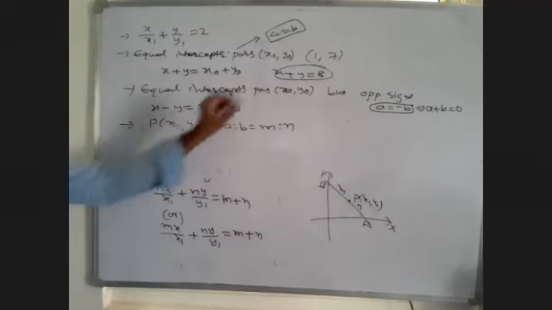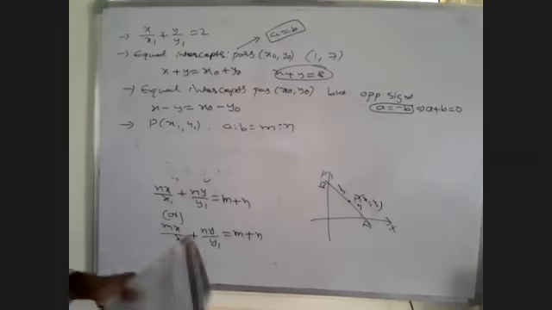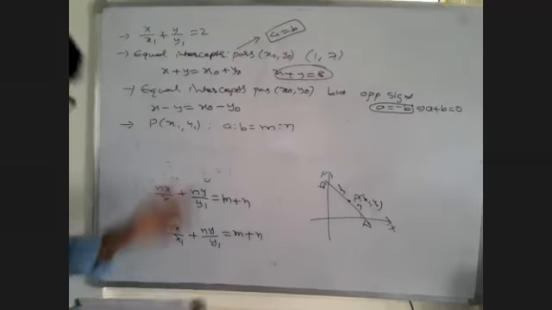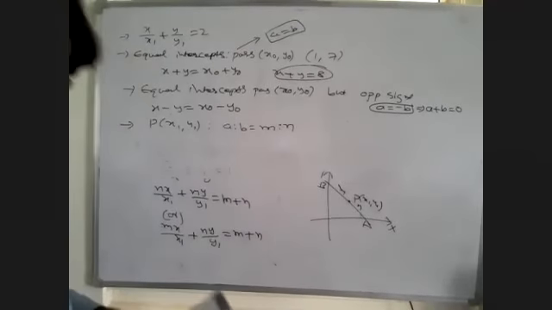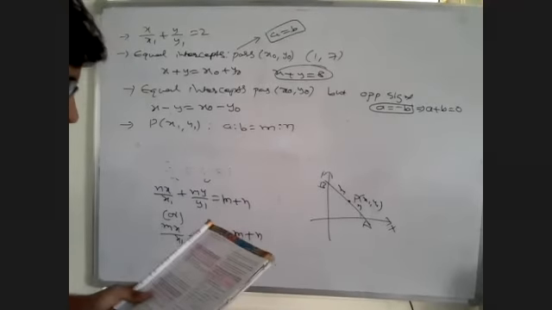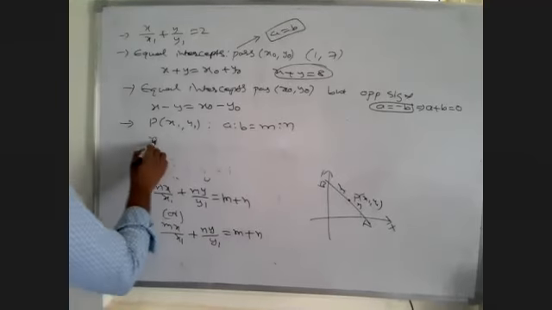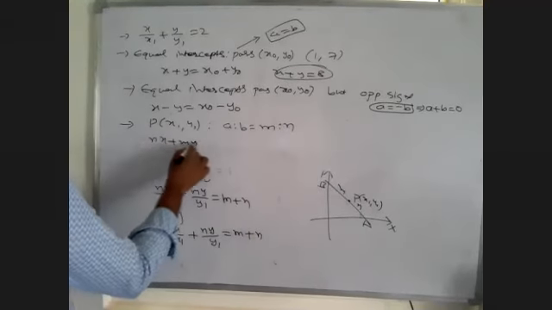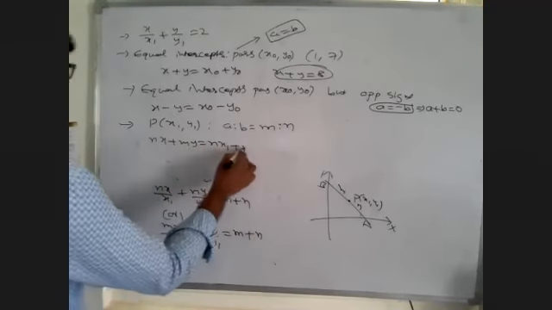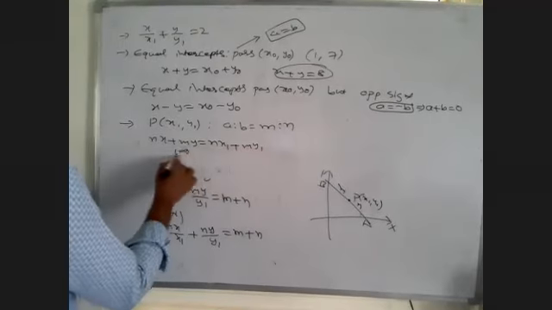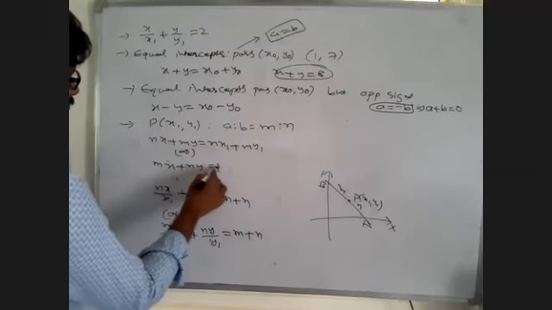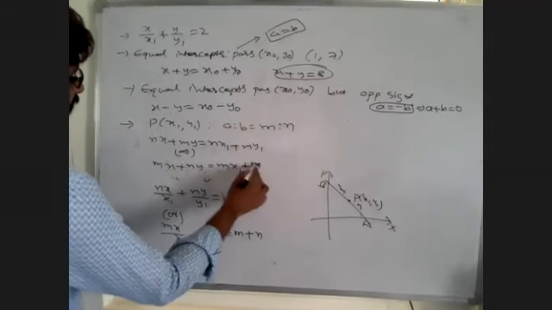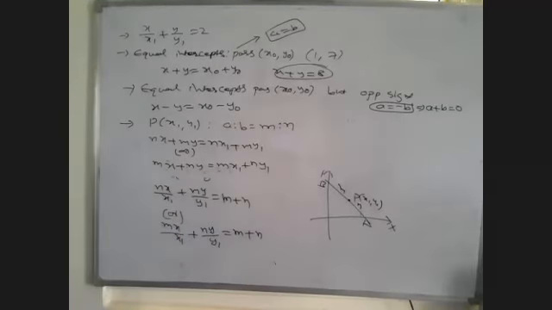Now intercepts are in some ratio, a is to b is equal to some m is to n, so they will give intercepts are in the ratio 2:3. In about 4-5 questions these very ones are the EAMCET questions. Then the equation is nx plus my is equal to nx1 plus my1, or mx plus ny is equal to mx1 plus ny1. These are the equations, useful for writing direct answers.